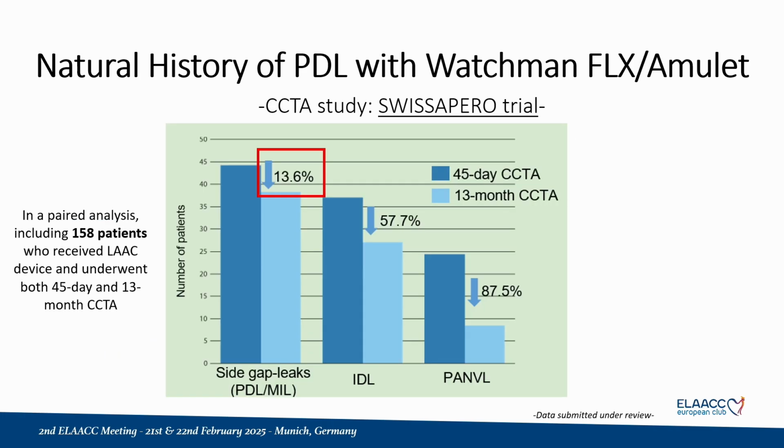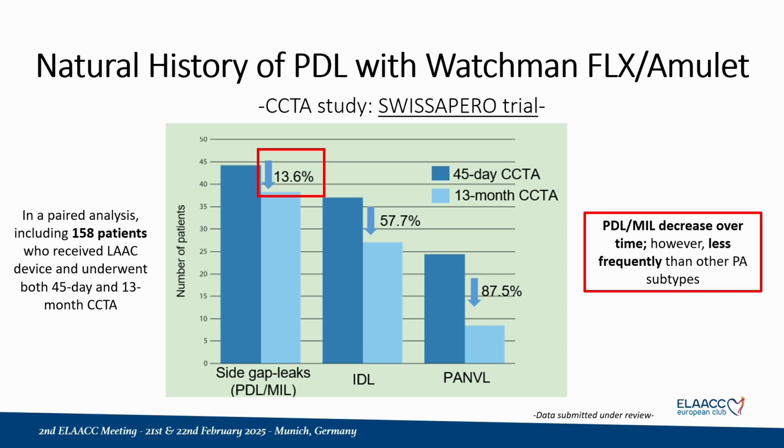Then in the SwissApero, we observed again a small reduction of PDL side gap leak between 45 days and 13 months, but this reduction was less frequent than the reduction observed in the other appendage subtypes. These are data not yet published.